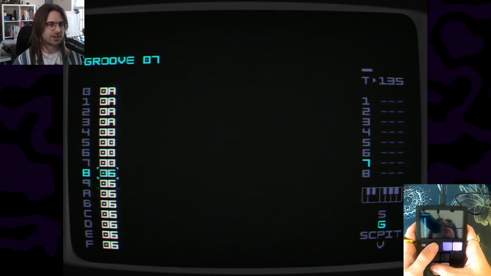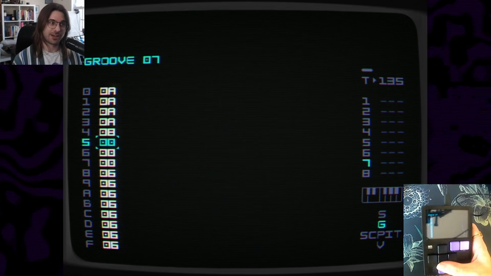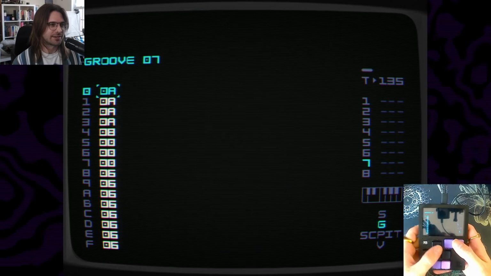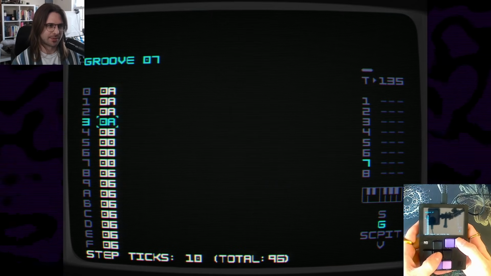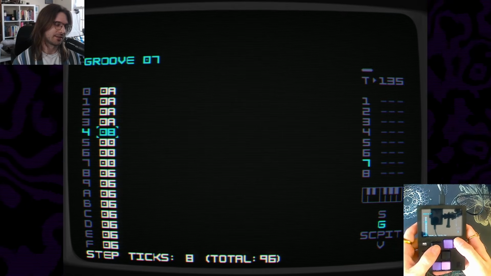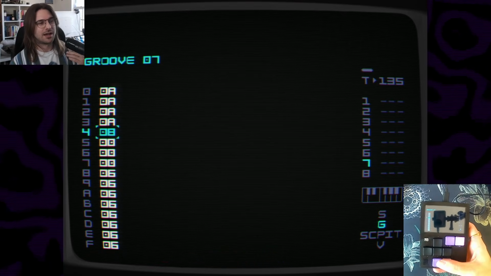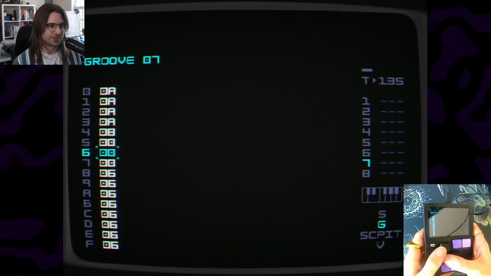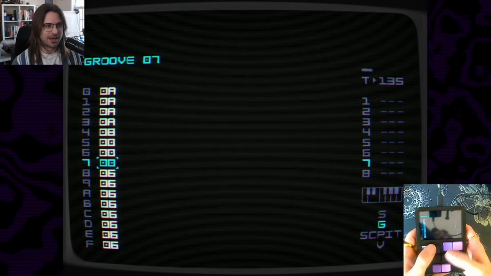Because 24 isn't divisible by 5, I had to kind of cheat a little bit. Each one of these steps I made 10 ticks long. The first 4 I made 10 ticks long, and then the last one, the 5th step, I made only 8 ticks long. And then I'm skipping 3 steps in a row.